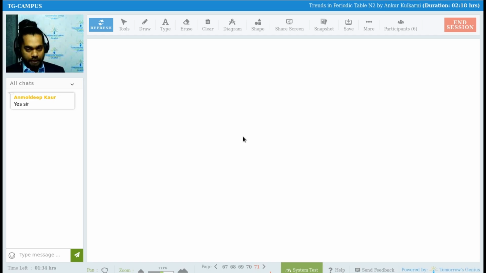What is the necessary thing for a compound to get color? Without that, your compound cannot have color.